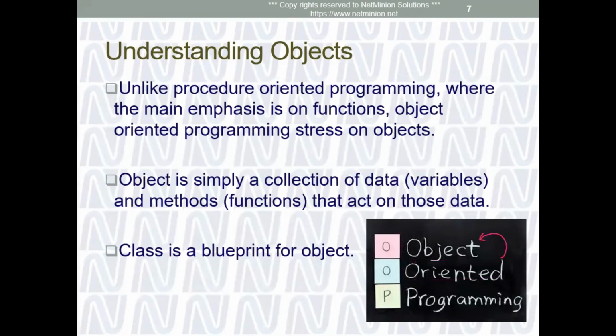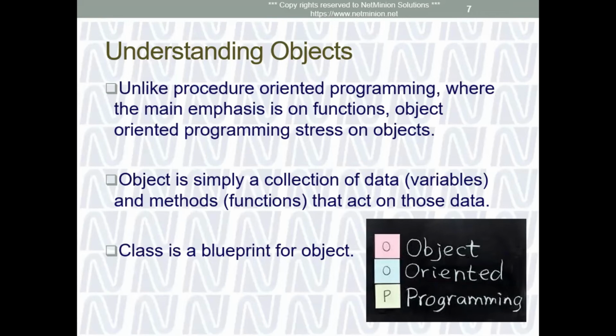Now what is an object? Anything in Python is an object. A string is an object, integer is an object, boolean is an object, float is an object, structures, functions, programs, everything is an object in Python.